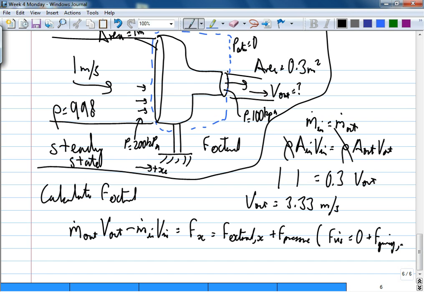Gravity in the X direction is 0. These are the usual four suspects we need to worry about. In this case, two of them are 0. Is that okay? M dot out is rho A out V out.